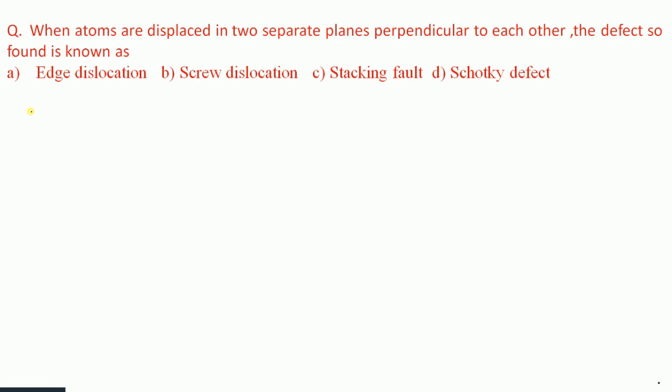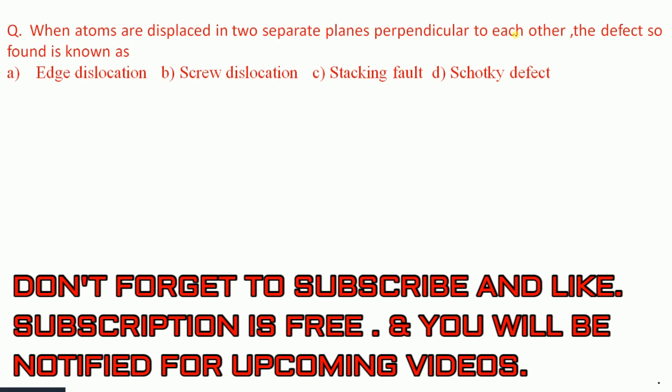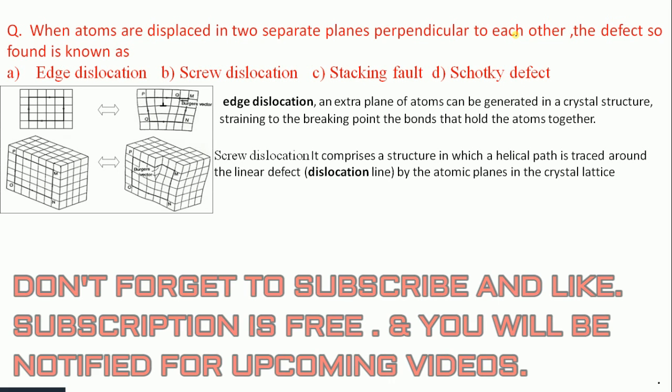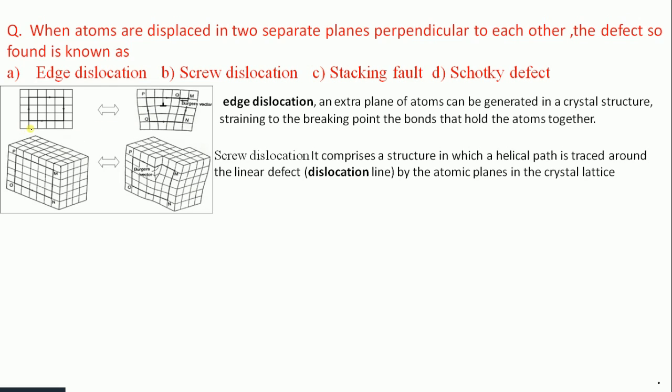When atoms are displaced in two separate planes perpendicular to each other, the defect found is known as edge dislocation, screw dislocation, stacking fault or Schottky defect. So here, this is edge dislocation, this is normal, and here we can see the dislocation of the edge.